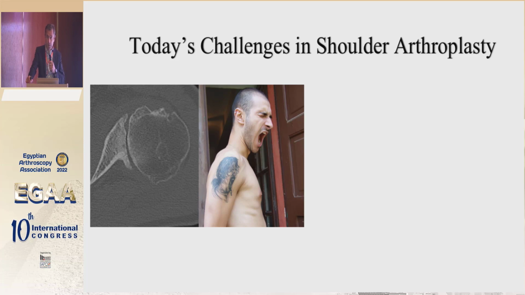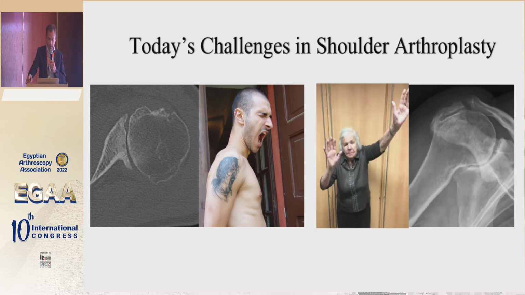First of all, very young patients with difficult deformities, but also older patients that changed their demands. They used to be treated conservatively because they were too old, but today they demand more treatment. And they often have, of course, bad deformities and bad bone stock.